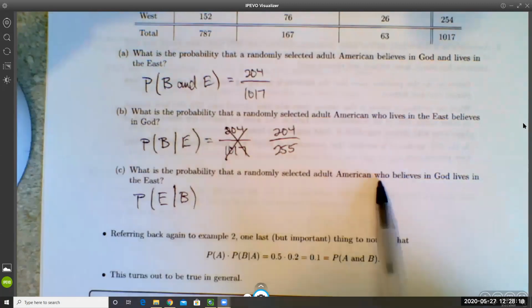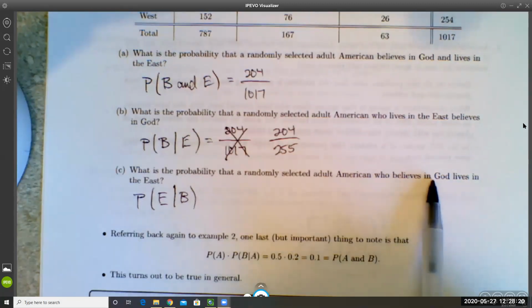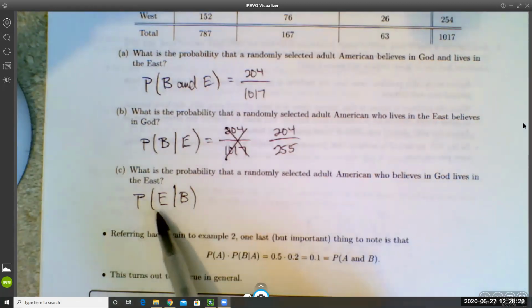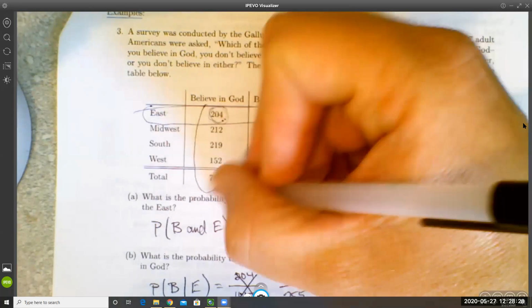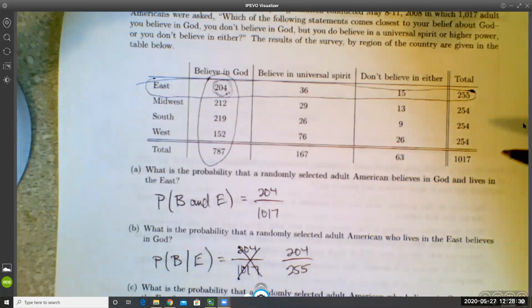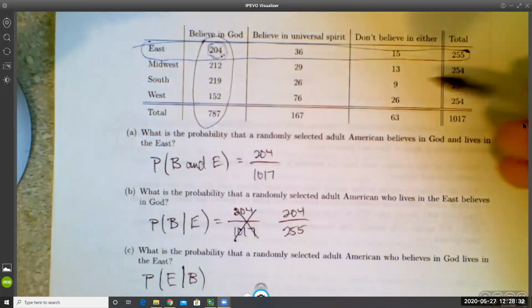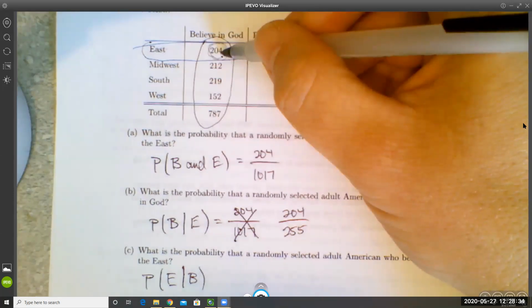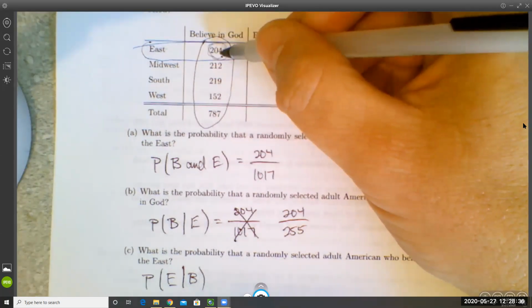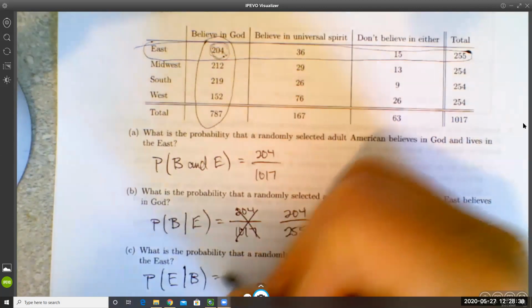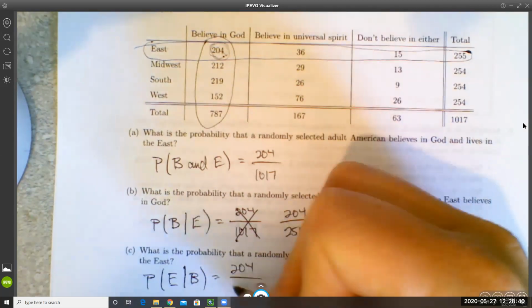So we want the probability they live in the East, given that they believe in God. We're restricting our attention to this column right here. So the probability that they live in the East, given that they believe in God, is 204 out of 787.